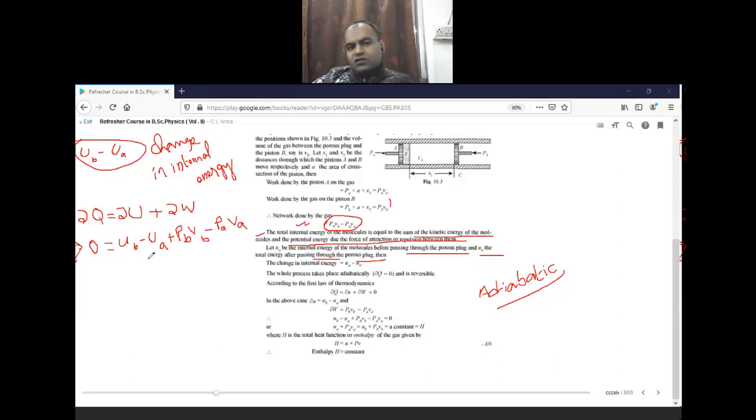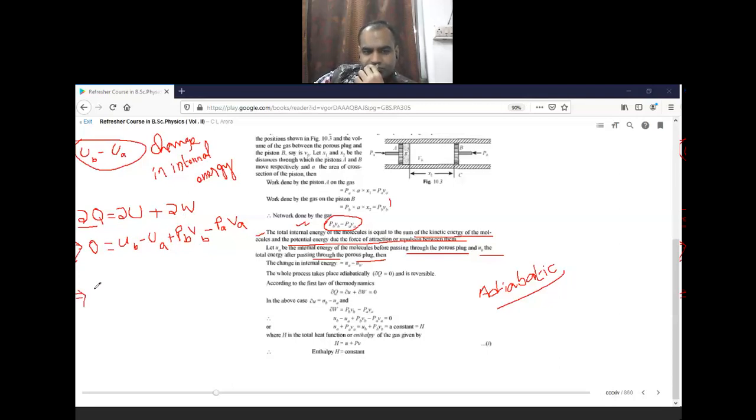So dq is equal to du plus dw. In the adiabatic process dq is 0, du is Ub minus Ua, and dw is Pb Vb minus Pa Va.